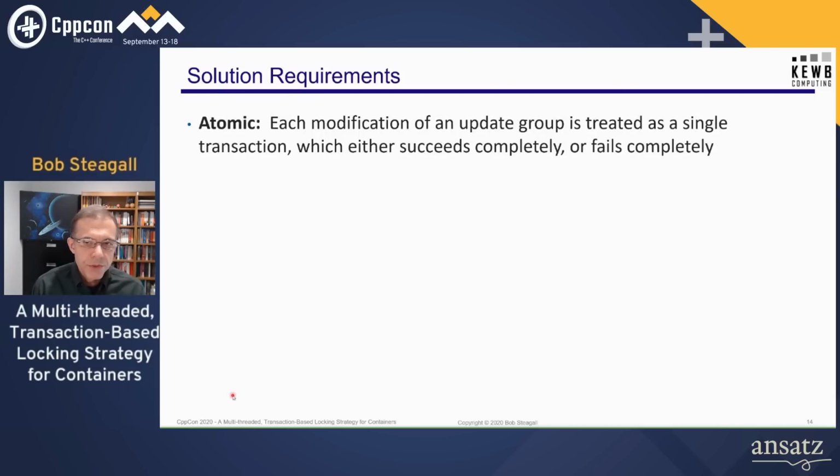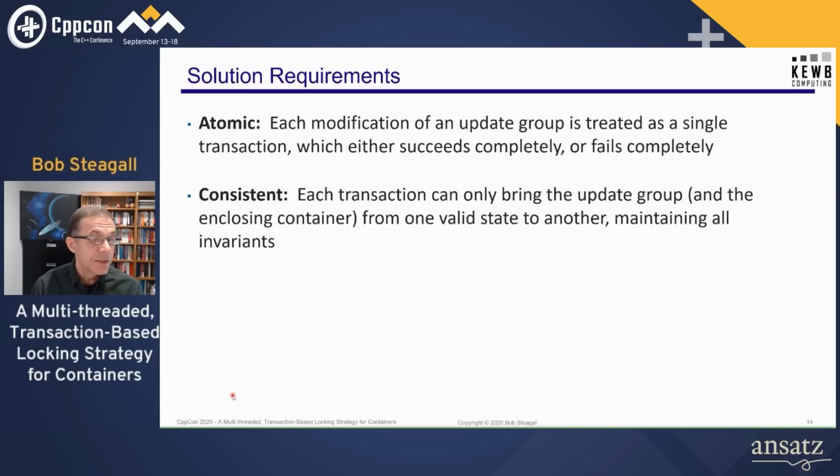So what do we want our solution to be able to do? What are the properties we look for? Well, first we want updates to be atomic. When an update group is modified, we want the modification of that group to be treated atomically as a transaction. And as a transaction, it either succeeds completely or it fails completely.